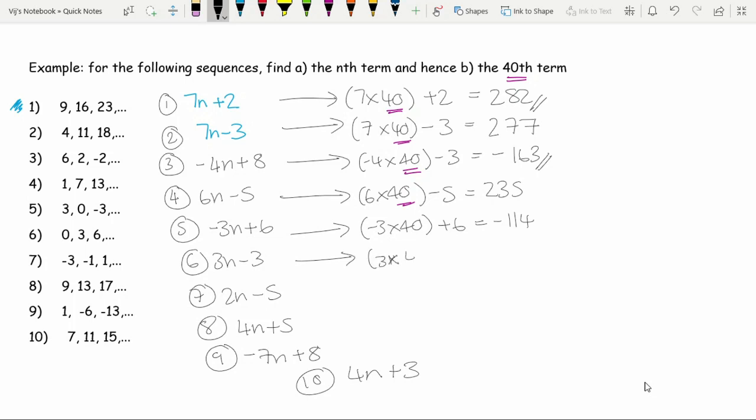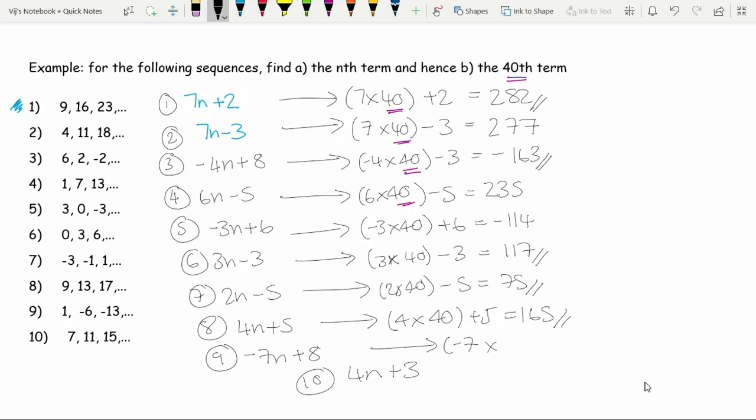3 times 40 take away 3 is going to be 117. 2 times 40 is 80, take away 5 is 75. 4 times 40 is 160, plus 5 is 165.